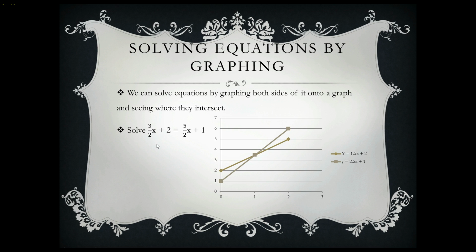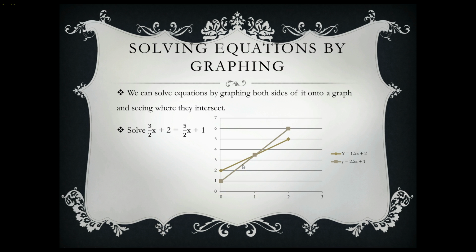We can also solve equations by graphing both sides of the equation onto a graph and seeing where they intersect. So if you have an equation, let's say 3 halves x plus 2 is equal to 5 halves x plus 1. So I graphed both of these onto a little graph here, and as you can see, they both intersect at x equals 1.